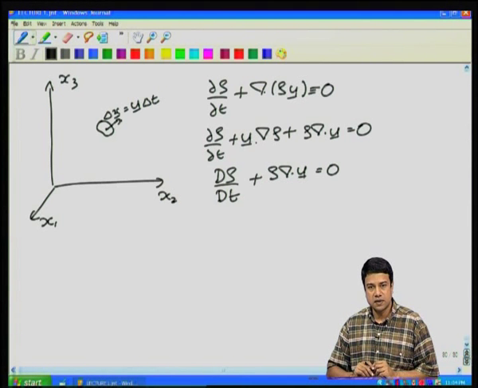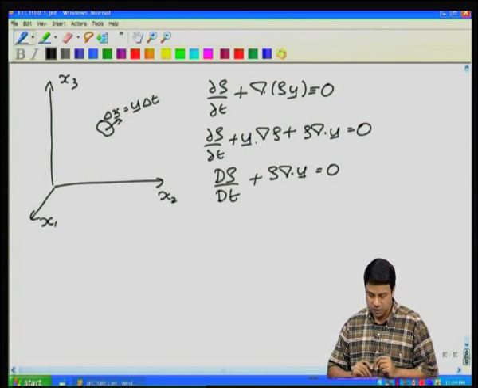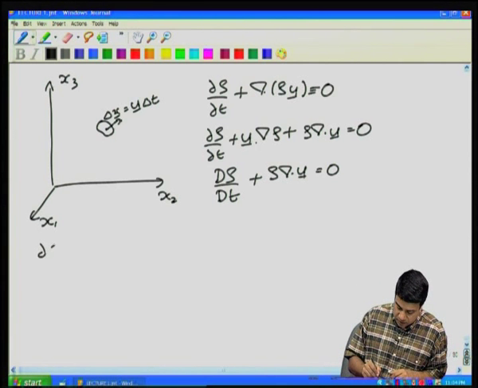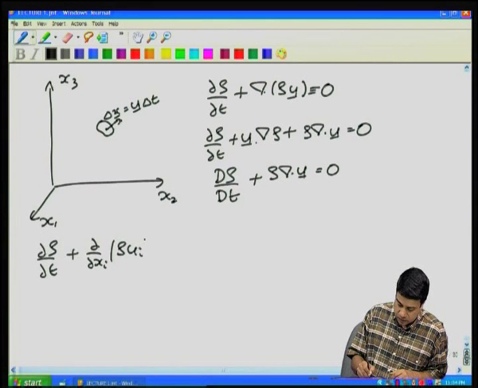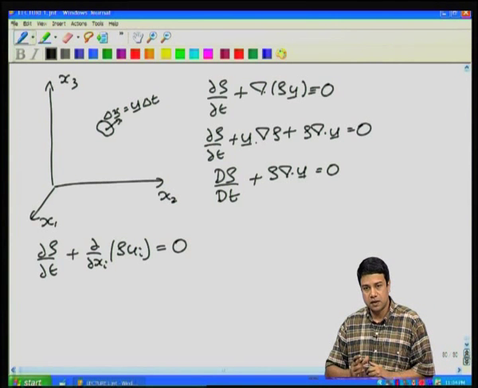For future reference, it will also be convenient for me to write this in indicial notation, in which case my conservation equation will be partial rho by partial t plus d by dxi of rho ui is equal to 0. Repeated index, dot product, divergence reduces to a scalar.